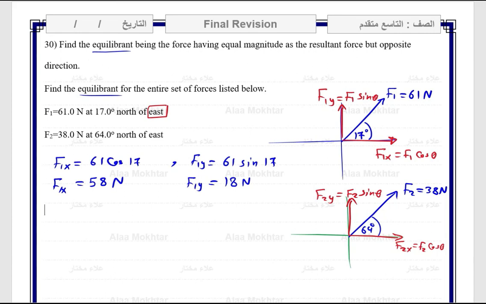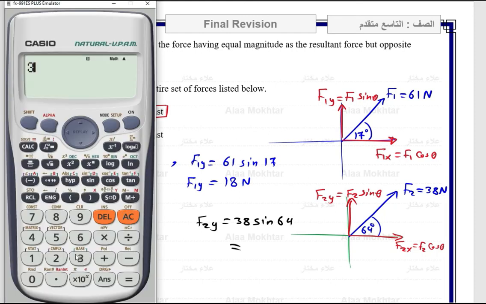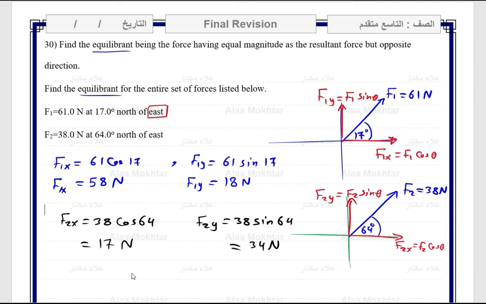Then F2x is 38 cosine 64, and F2y is 38 sine 64. The answer is 16.6, make it 17, and the sine is 34. Then we will calculate Rx, the resultant in the x direction.